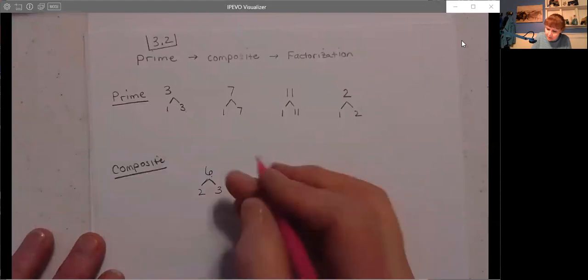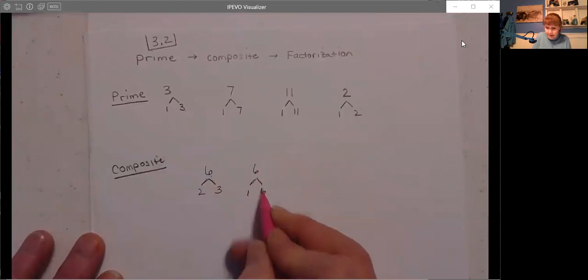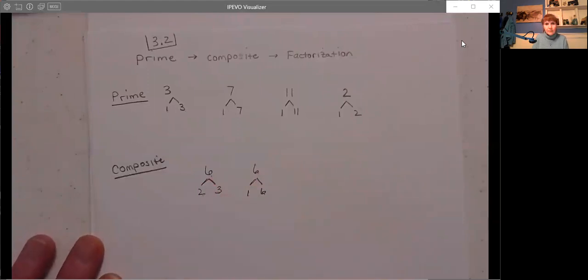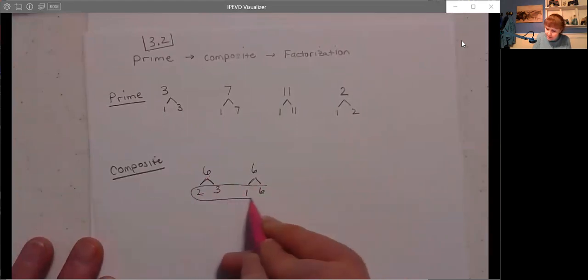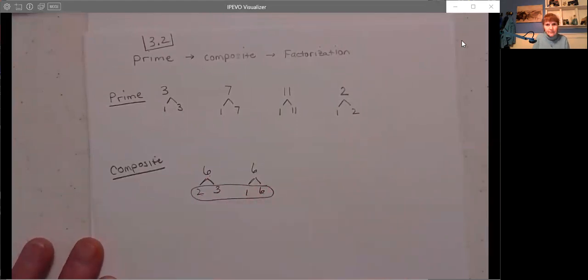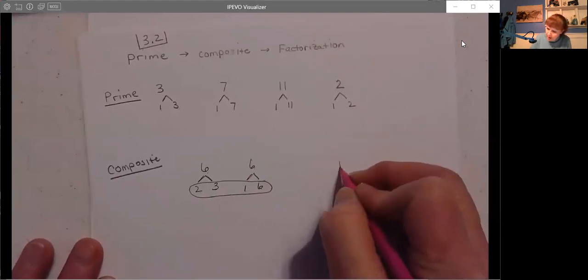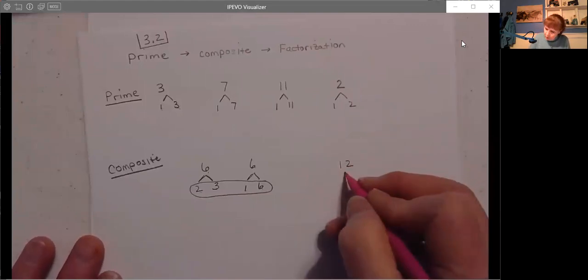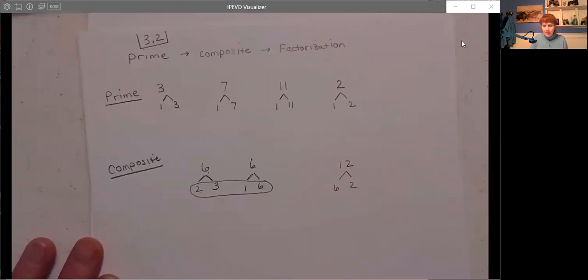So the factors of 6, you've got 1 times 6 gives you that, but also 2 times 3 gives you that. Okay, so these are called the factors of 6. Okay, let's look at another one. Let's look at 12. 12 is composite. You can have 6 times 2, okay?